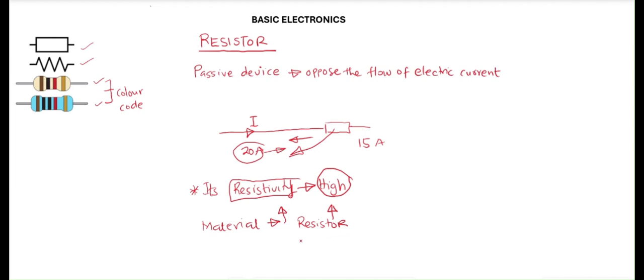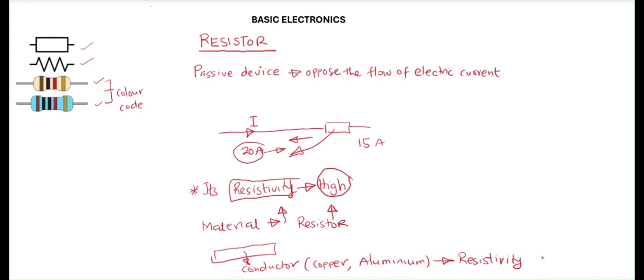Even the conductors that allow current to flow through them, let's say copper, for instance, which is a popular conductor, or aluminum, which is also a popular conductor, although they allow electric current to flow through them, they have a level of resistivity, and that resistivity is low.